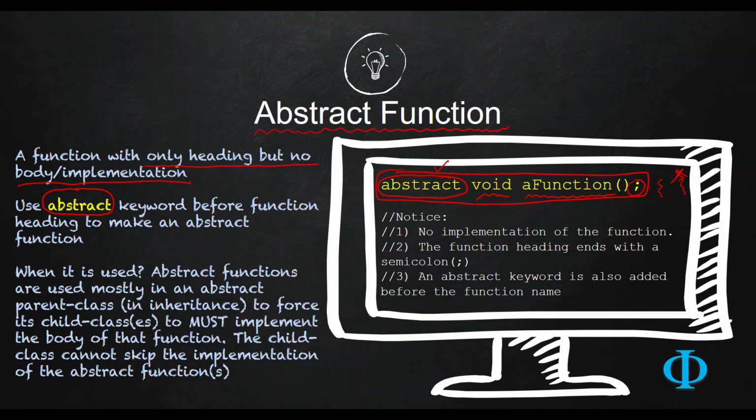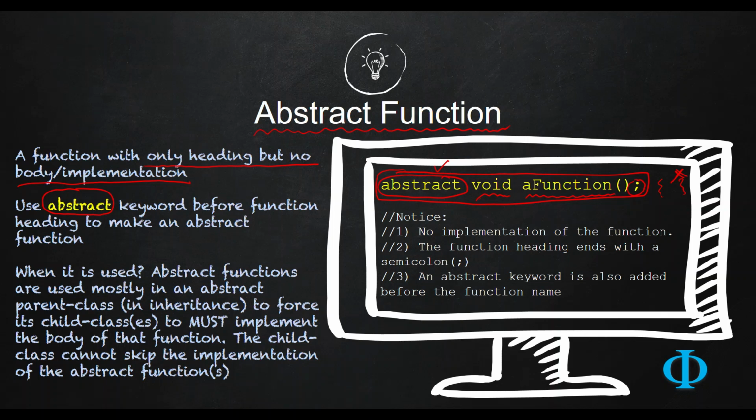In that case, it is an abstract function. So by having an abstract function inside an abstract class, you can enforce a re-implementation of that function in the child class.